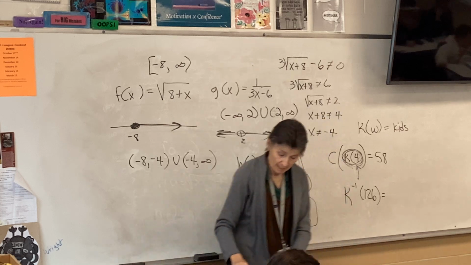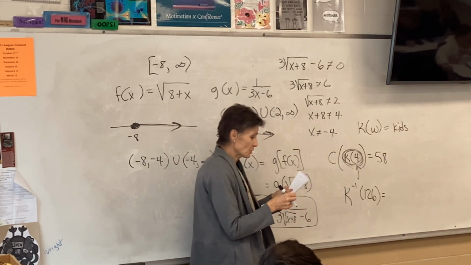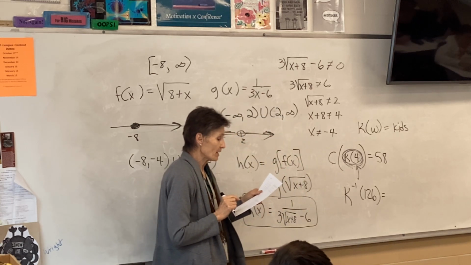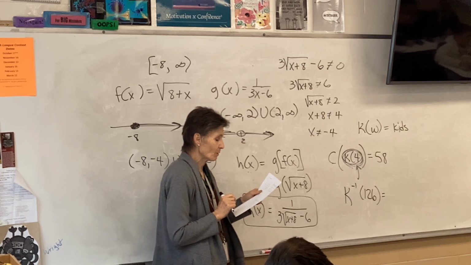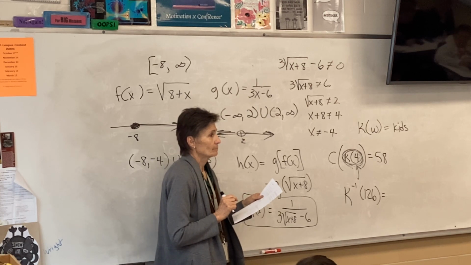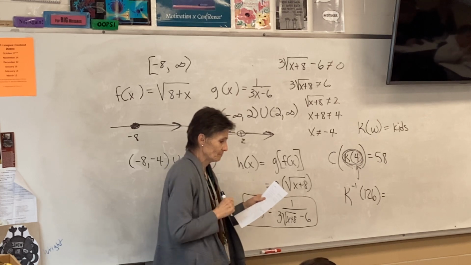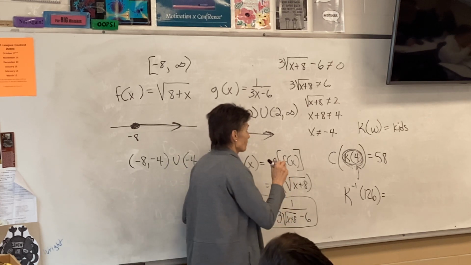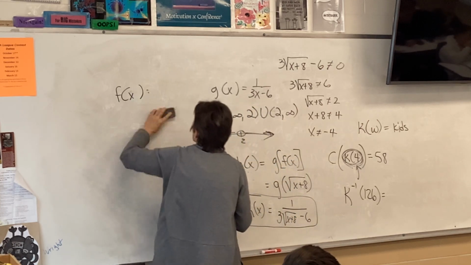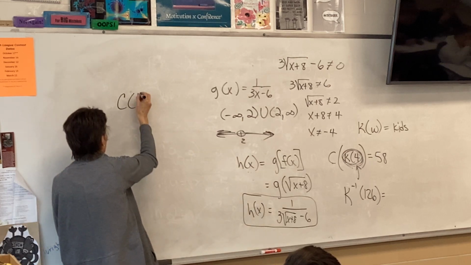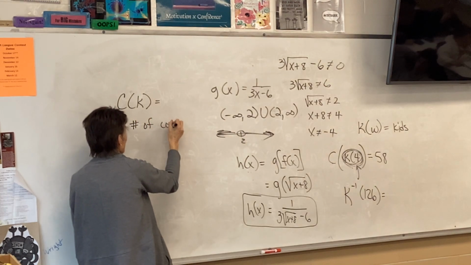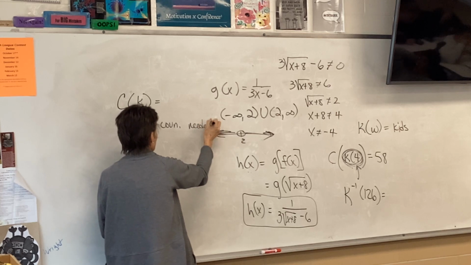Right? And then, which of all these functions would output the number of kids that could be monitored by a given number of camp counselors? Isn't C of K, doesn't that tell you the number of counselors needed for K kids?